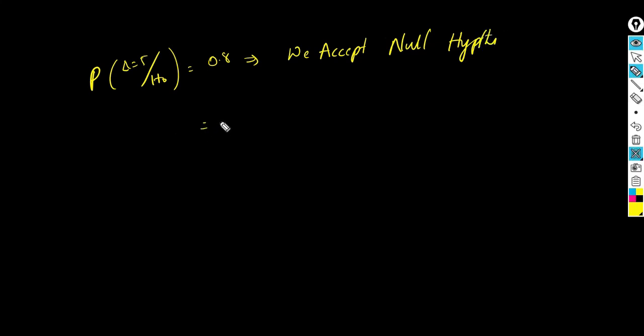If we get something like 0.05, that means there is very little probability that the null hypothesis is true. That means at that time we reject the null hypothesis and accept the alternative hypothesis.